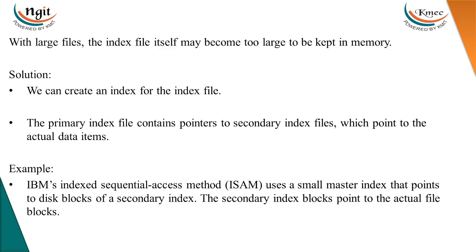The primary index file contains pointers to secondary index files, and the secondary index files in turn point to the actual data records in the file. The IBM indexed sequential access method, ISAM, uses a small master index that points to the disk blocks of a secondary index. The secondary index blocks point to the actual file contents.